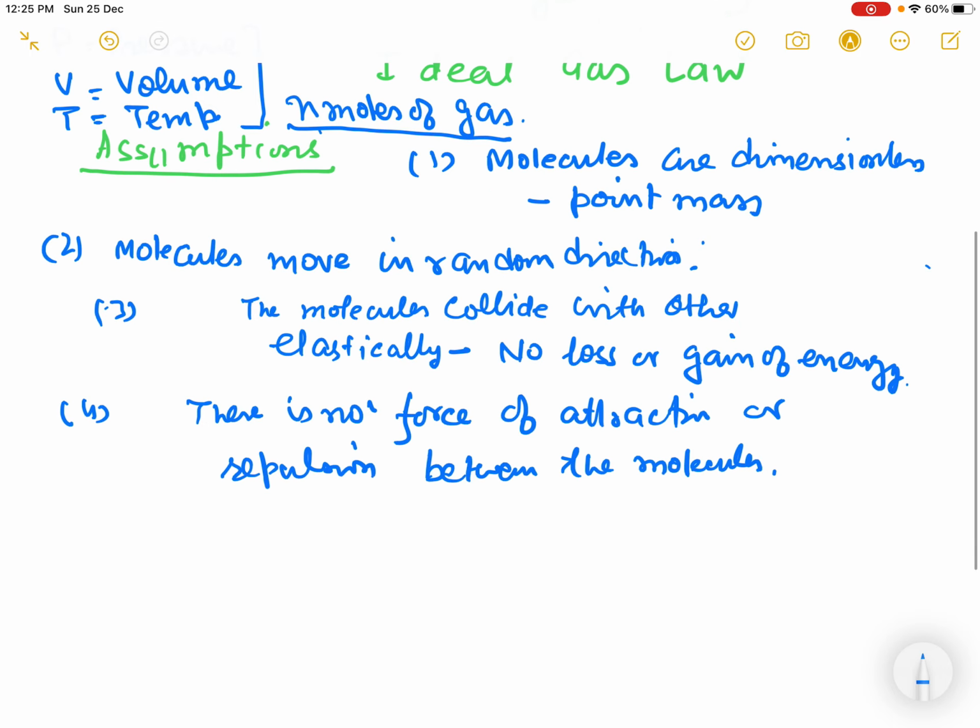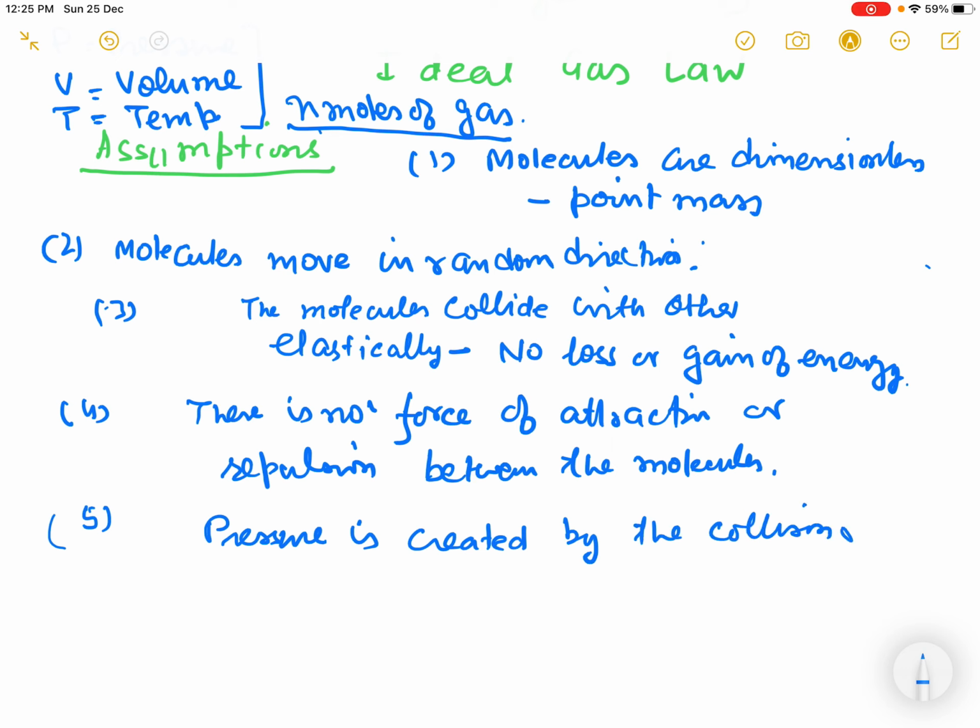And fifth assumption is that pressure is created by the collision of molecules with the walls of the container.